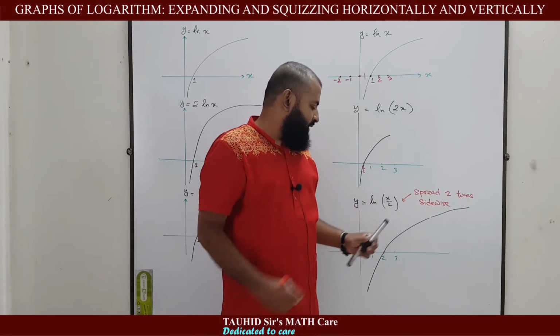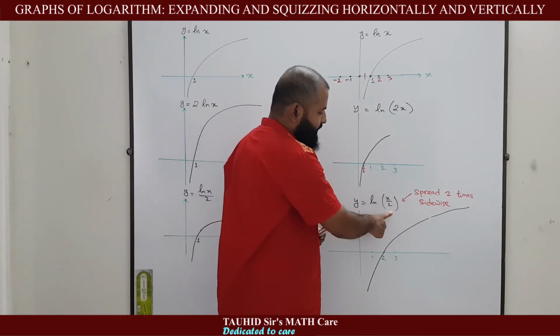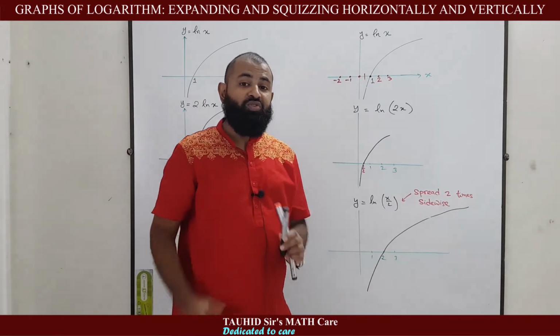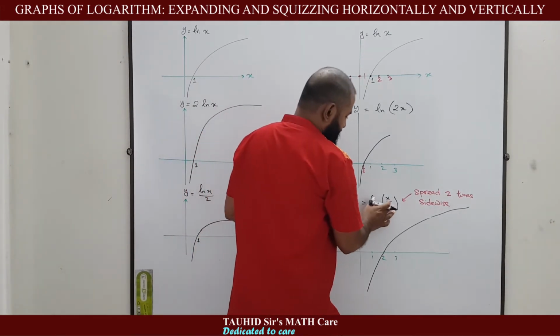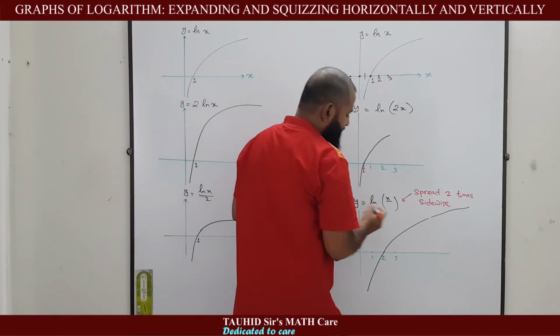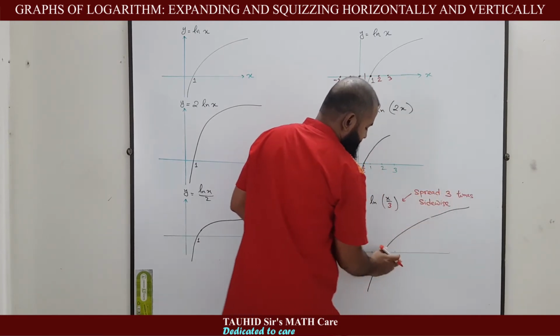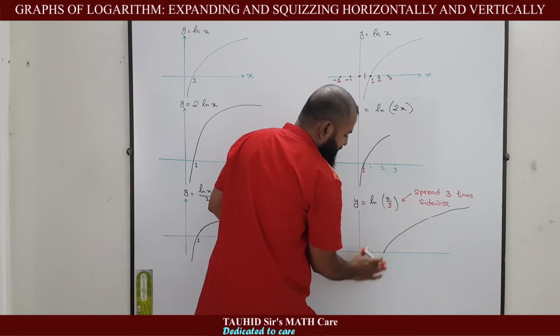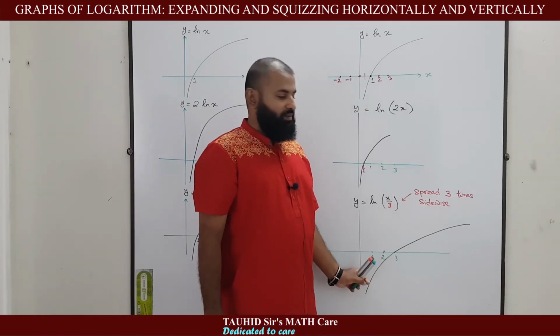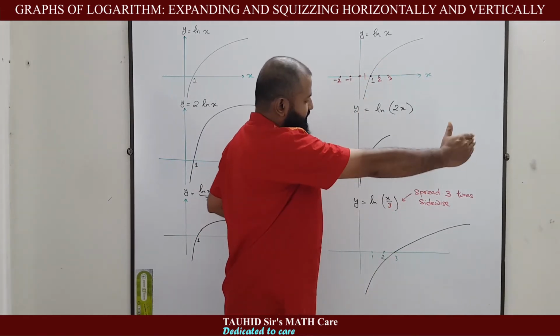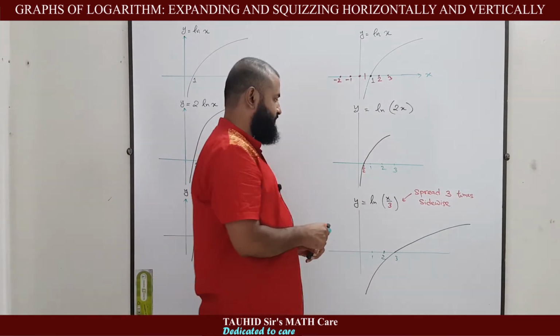If I had written x by 3, it would have spread 3 times and it will look like this. This graph has been spread 3 times sidewise.